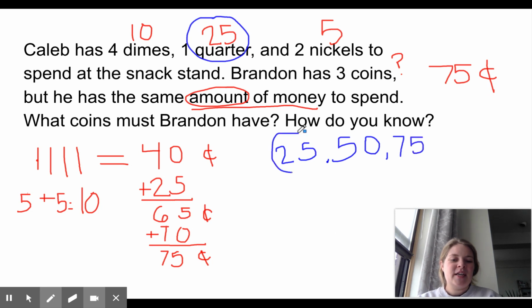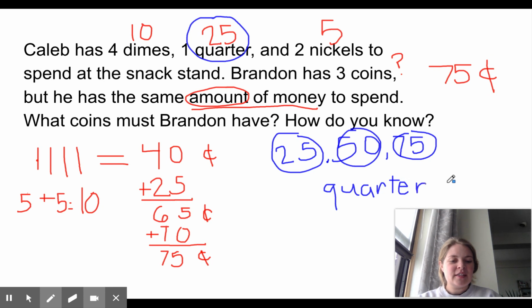It would be 1, 2, 3. So what coins must Brandon have? Brandon must have quarters. And so our answer is not 75 cents, and it's not 3. The answer is actually quarters.